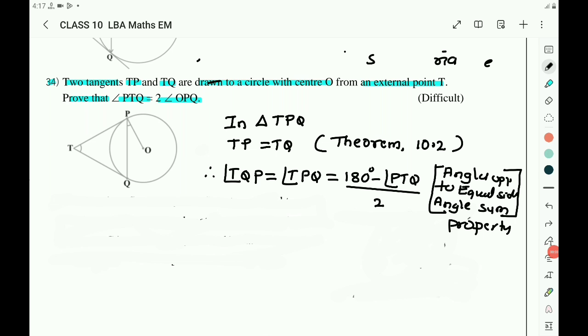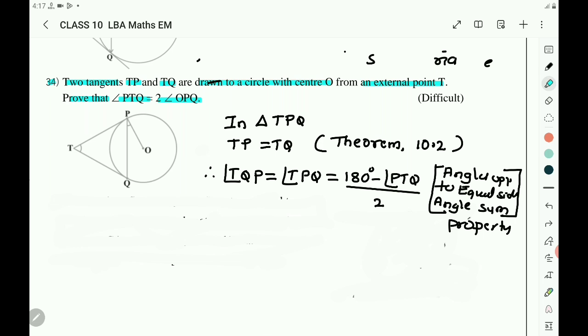Here we have to express the relation angle PTQ equals 2 angle OPQ. You need the angle OPQ. So angle OPQ is equal to angle OPT minus angle TPQ. Then you write OPT is equal to 90 degrees.